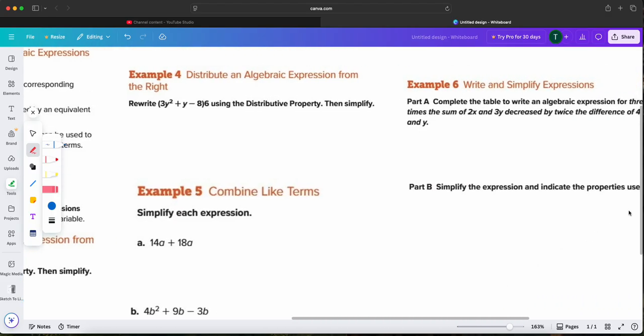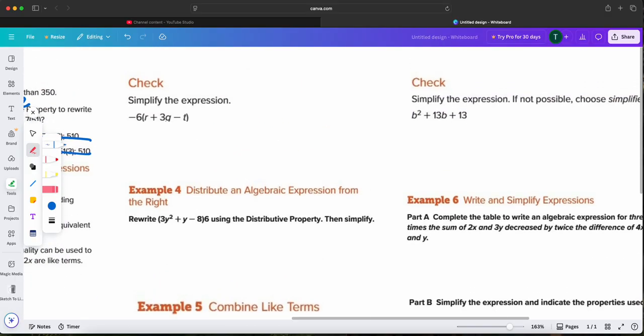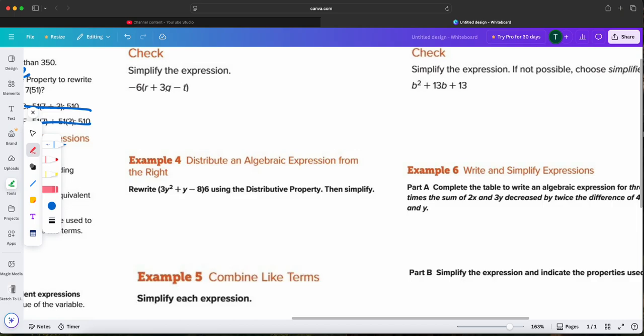These are asking the same idea here. It says check, and it gives us that negative 6 to distribute. We have to multiply negative 6 to each of those terms. Negative 6 times r is negative 6r. Negative 6 times 3q is negative 18q.